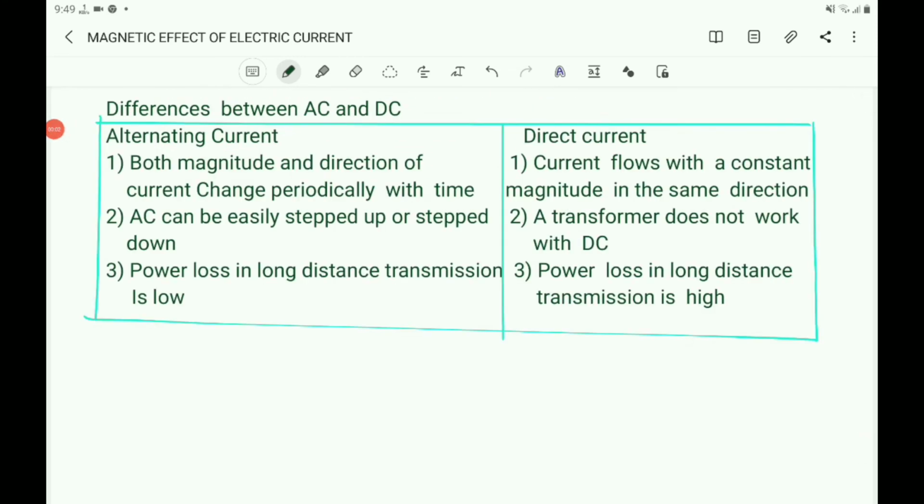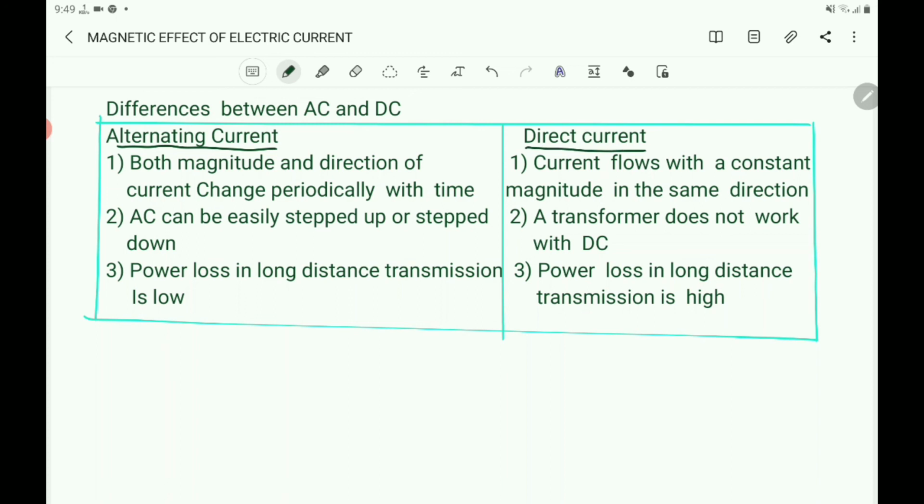Children, also read the differences between AC and DC. Differences between alternating current and direct current. You write alternating current in one column and direct current in the other column.